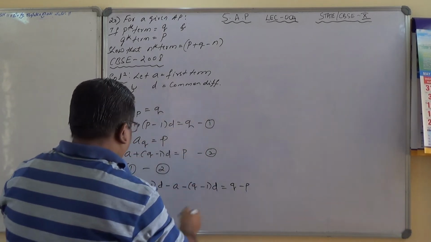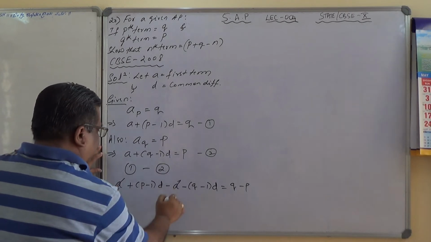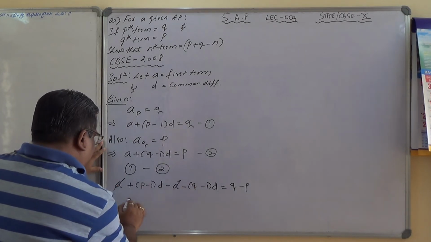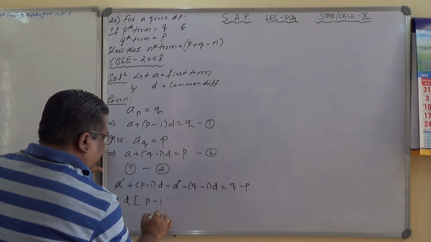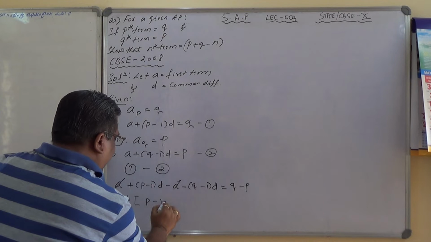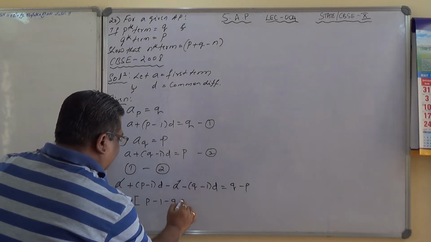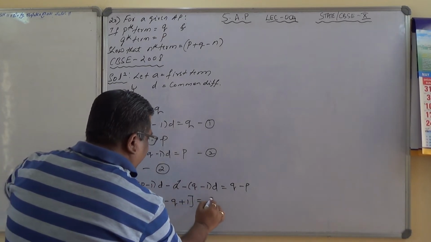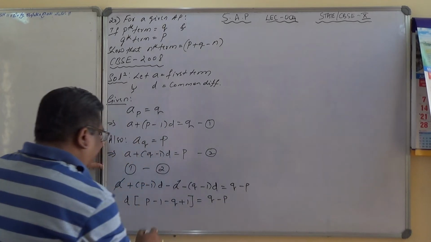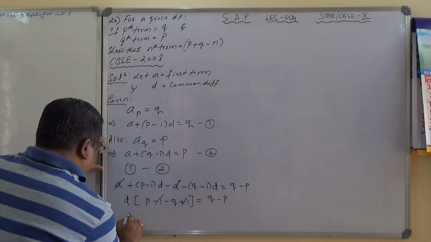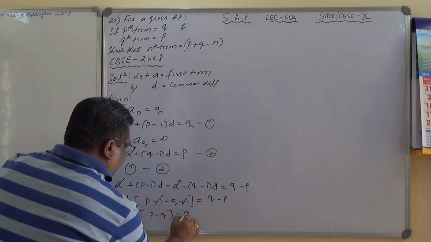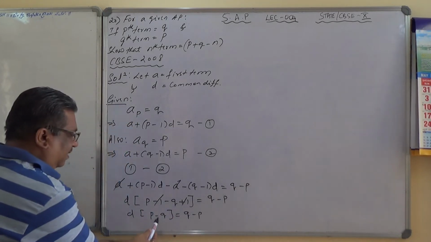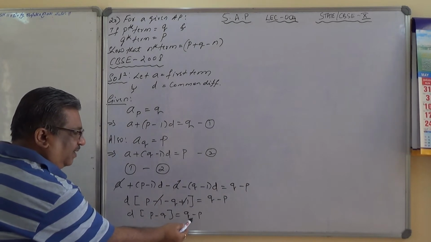So q minus p. Now here a cancels. What is common out of this? d is common. So what is left here? p minus 1 minus q plus 1, which equals q minus p. So plus 1 minus 1 cancels here. d into bracket p minus q, which is q minus p. See here it is p minus q, here it is q minus p.